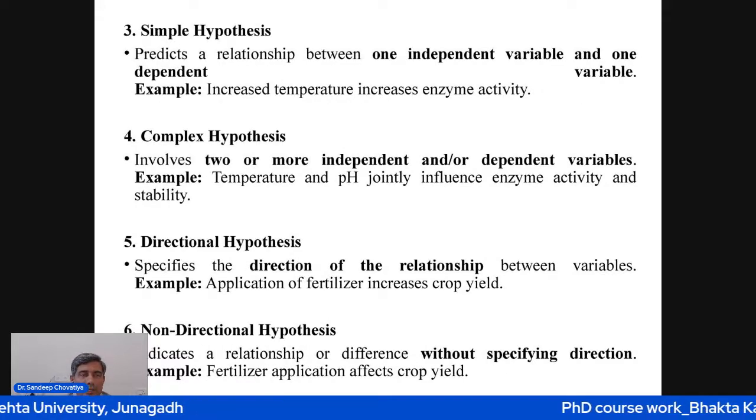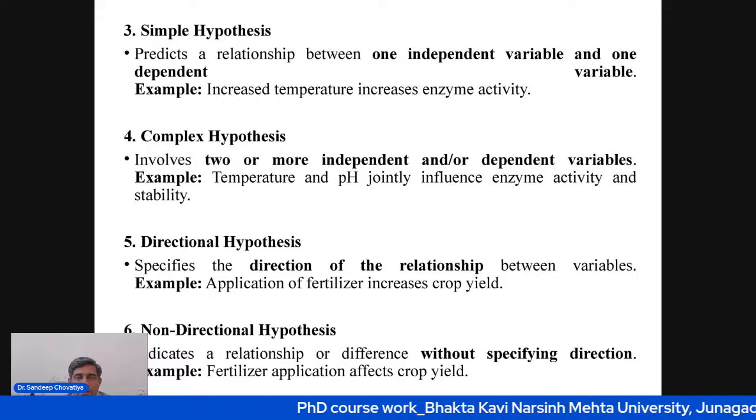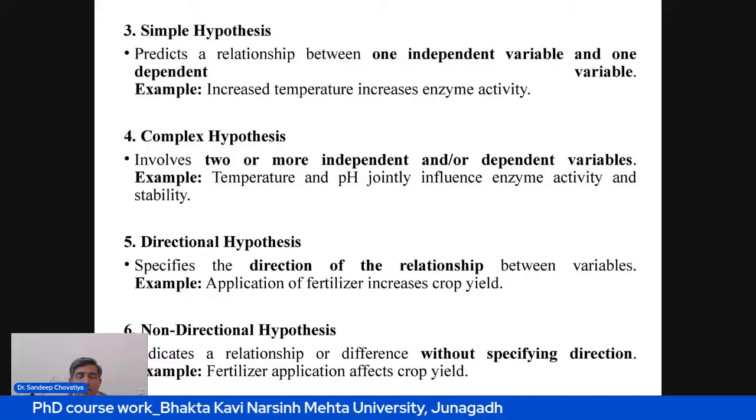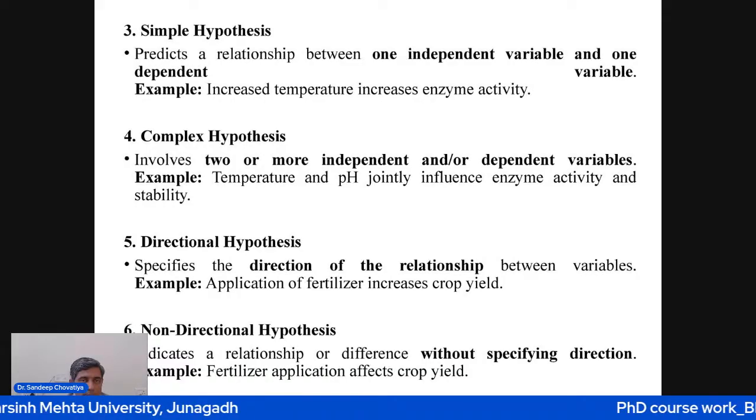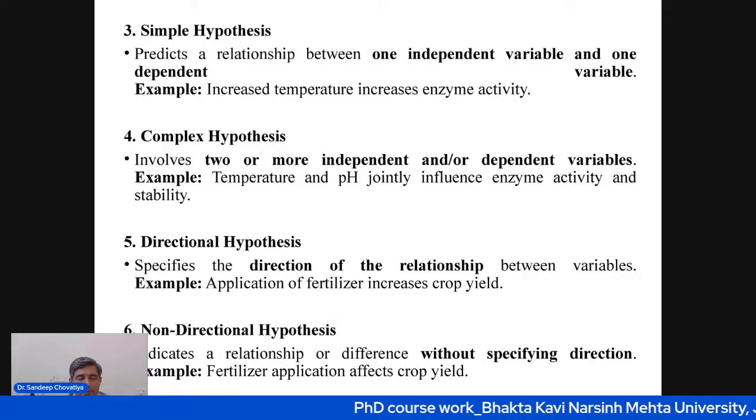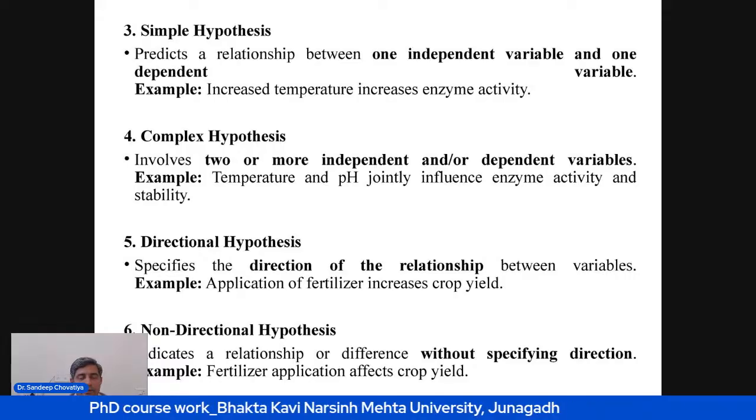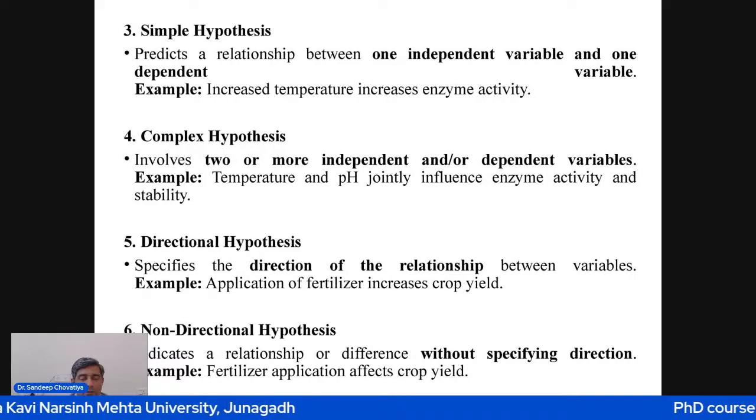And number three is known as the simple hypothesis. It predicts a relationship between one independent variable and one dependent variable. For example, increasing the temperature increases the enzyme activity. Enzymes are activated at 37 degrees.